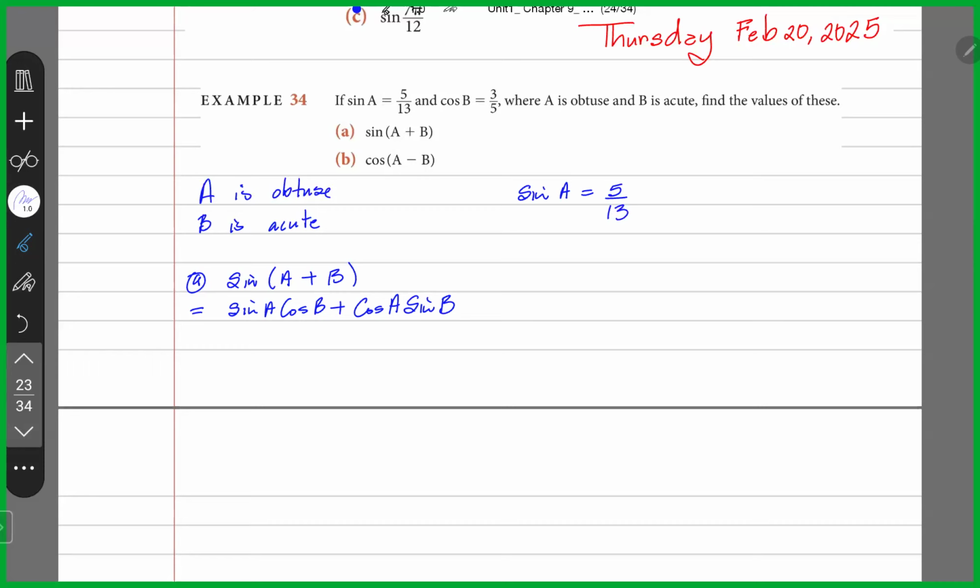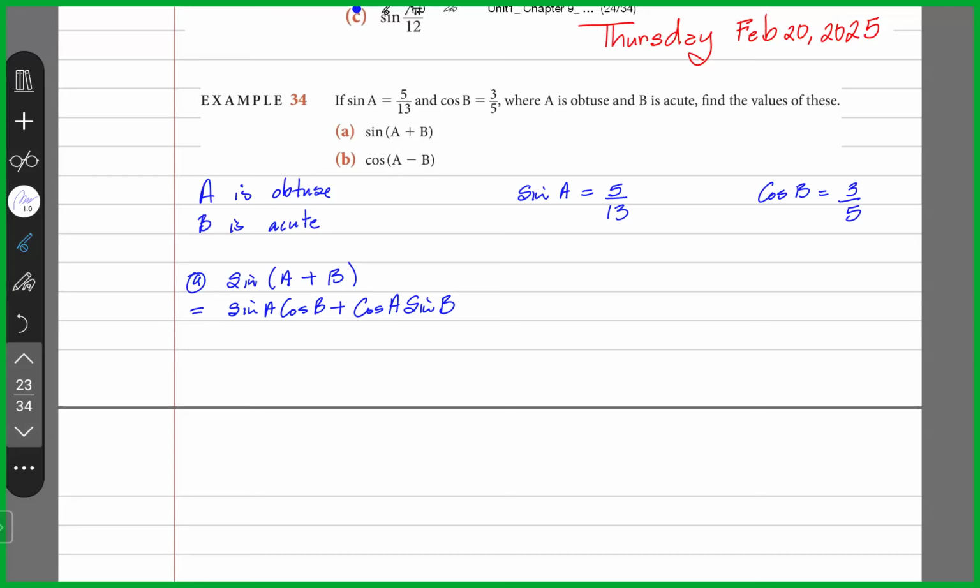Notice, if I want to find out what is sine A plus B, I need to also know the cosine of A. We also know that the cosine of B, which is acute, is 3 over 5. But the formula for sine A plus B also requires that we know the sine of B.